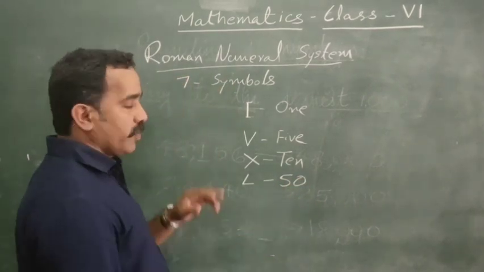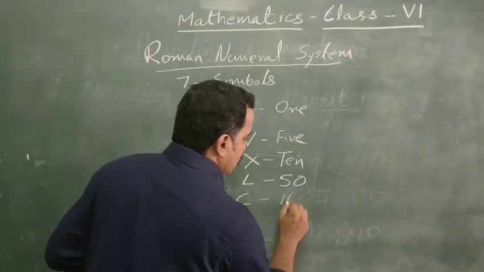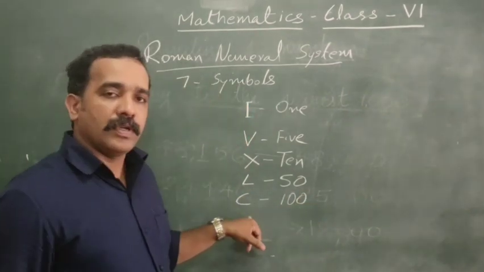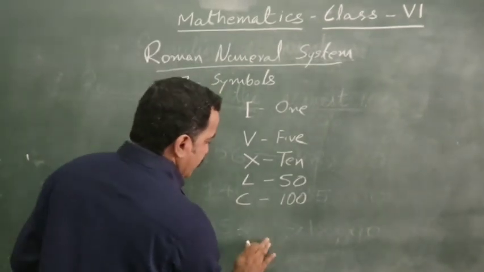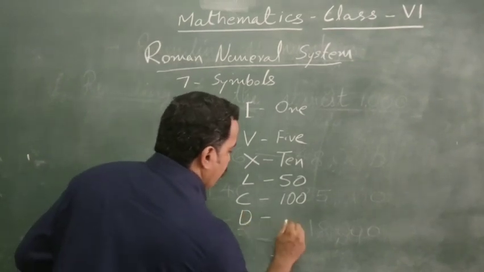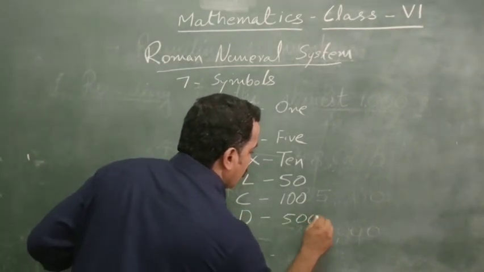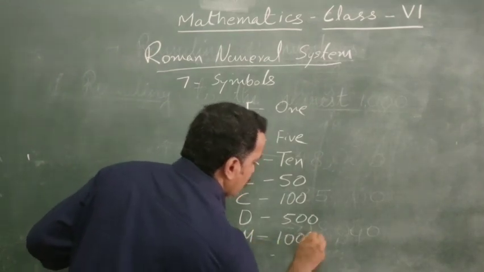Instead of 50 we are using L, and for 100 we use the symbol C, and after C, D for 500 and M for 1000.